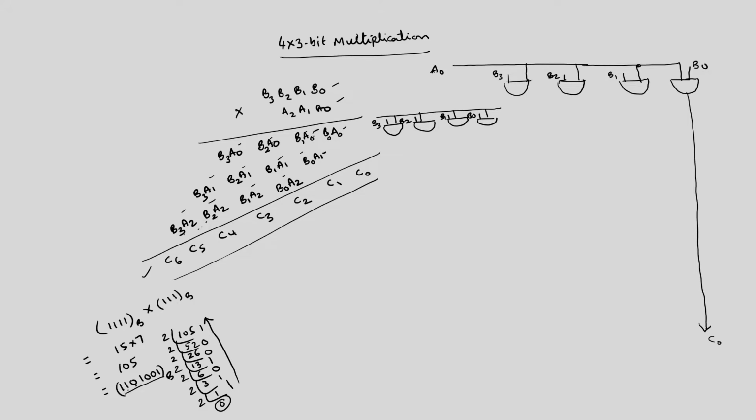So you have to basically add these 3 bits along with 0 and these 4 bits. By inserting a 0 here, you can insert as many zeros as you want at the MSB position. I want to perform basically this 4-bit addition.